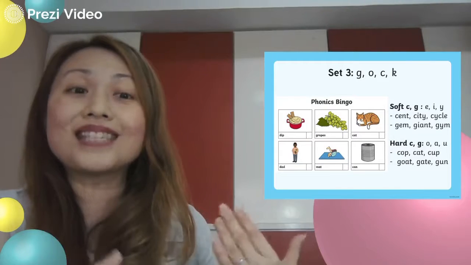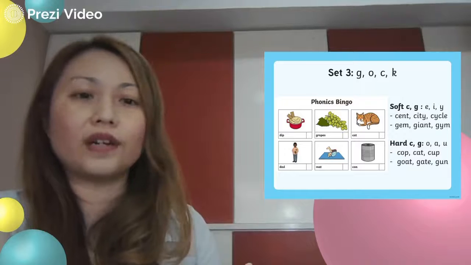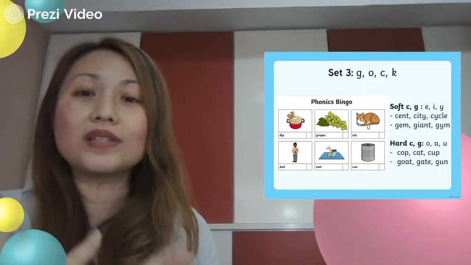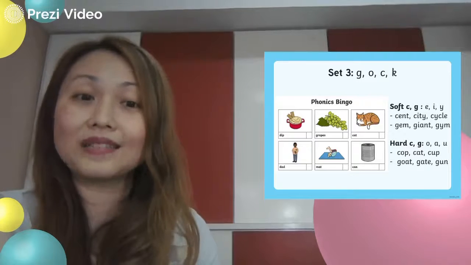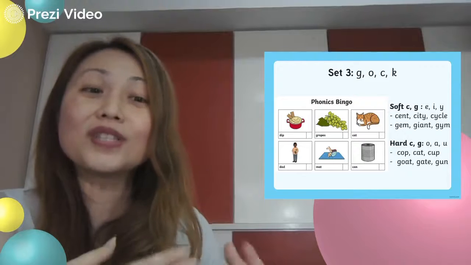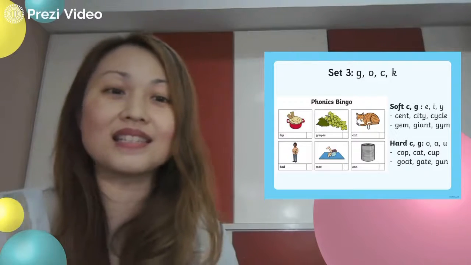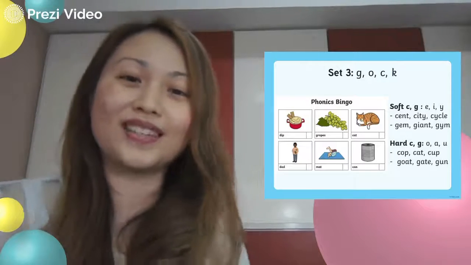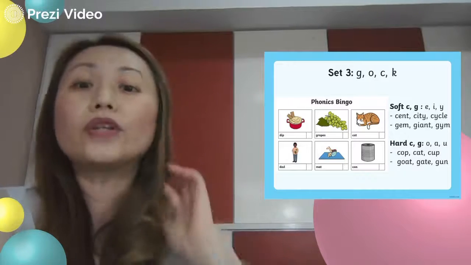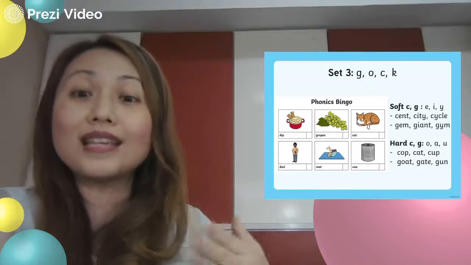For example, scent would sound very different from cop, or city would sound very different from cat. Just as gem is not produced the same way as, for example, goat.